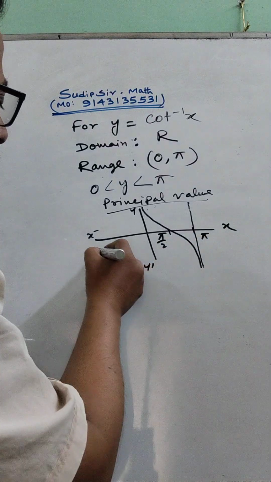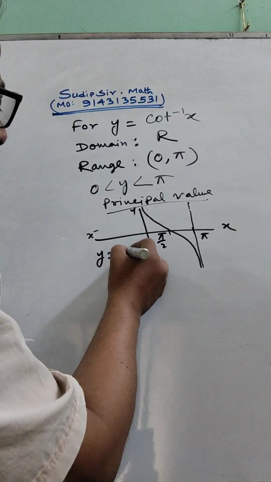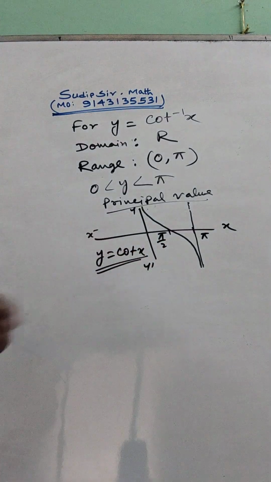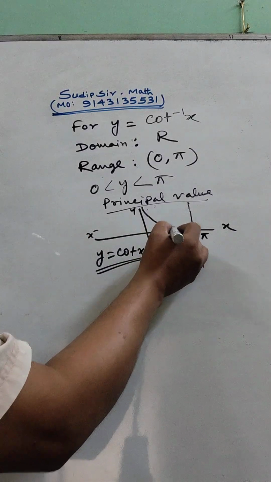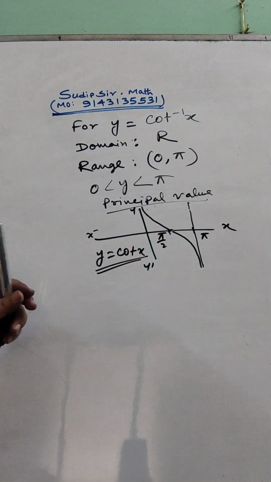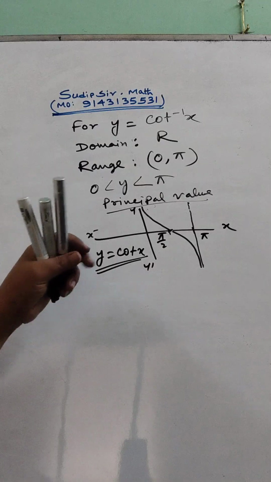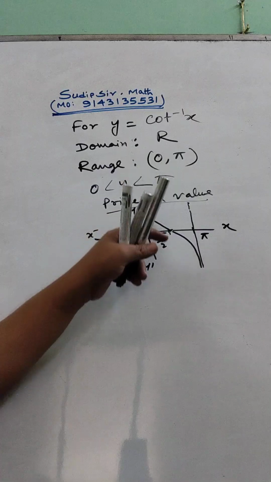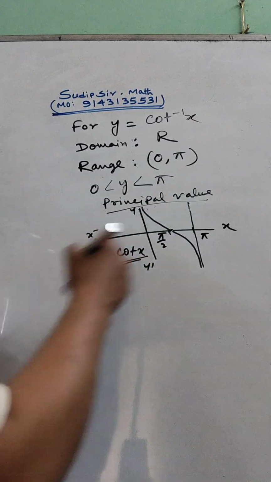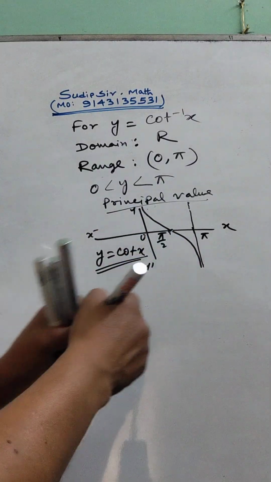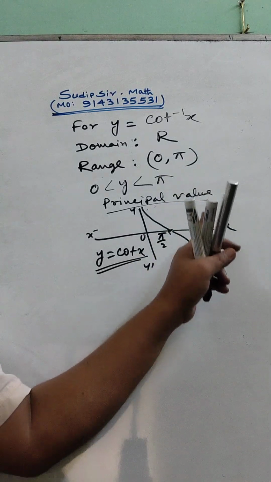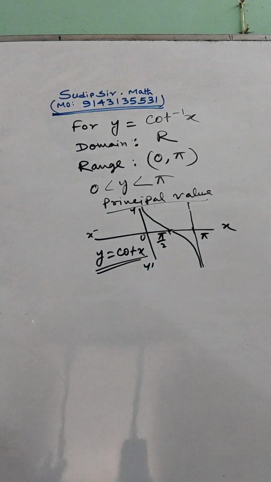This is y equal to cot x. For y equal to cot x, it will cut at pi by 2, and the asymptotes at 0 and pi. This is the line of pi, 0 to pi.